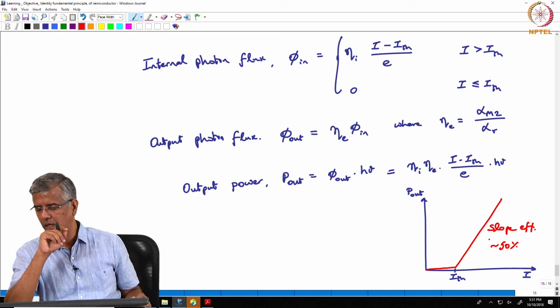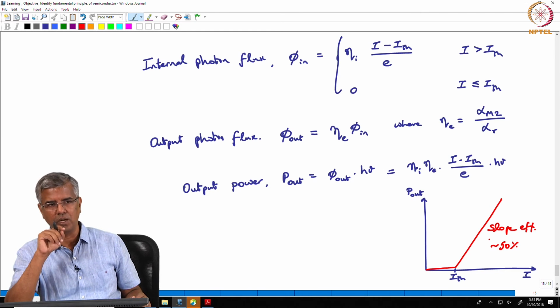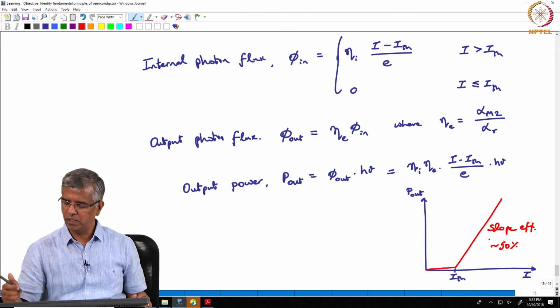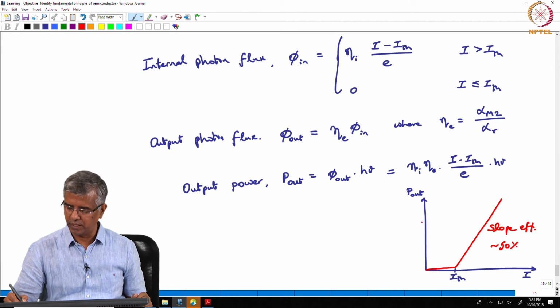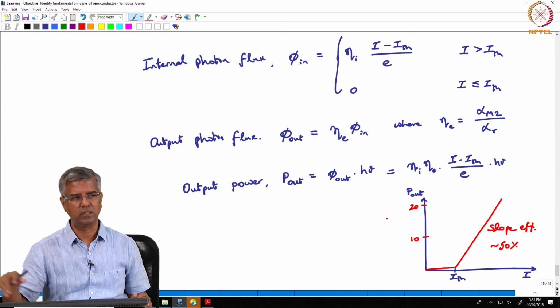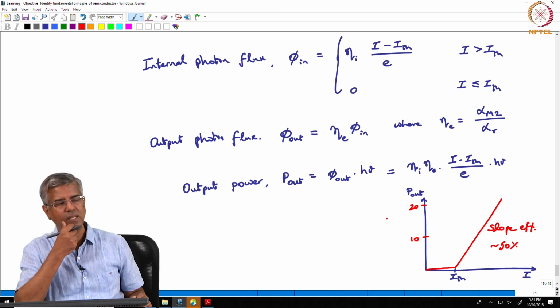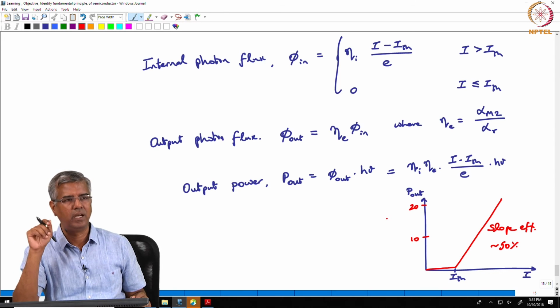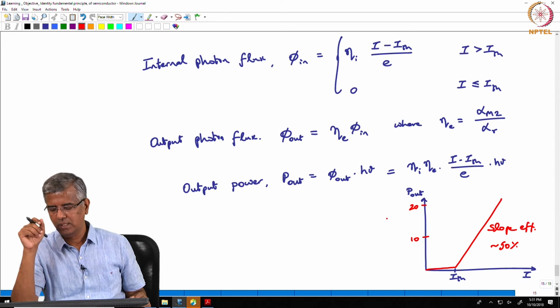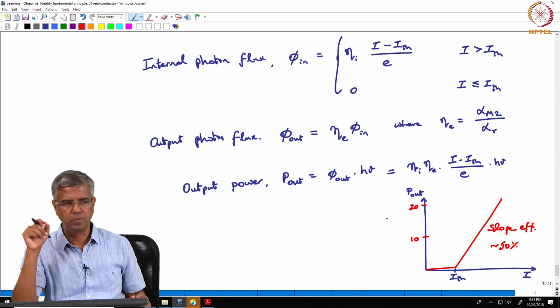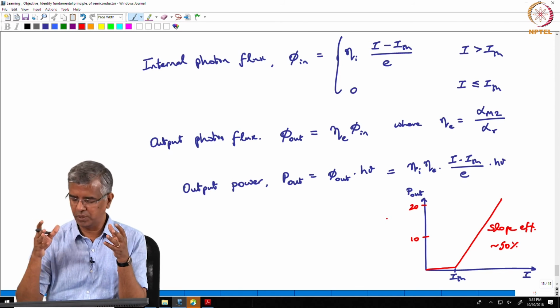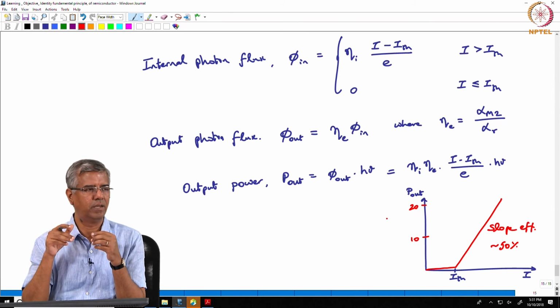But in terms of power that you get out, these tend to be on the order of tens of milliwatts, 10, 20 milliwatts, for single mode diode lasers, because you cannot inject beyond a certain current level into it.